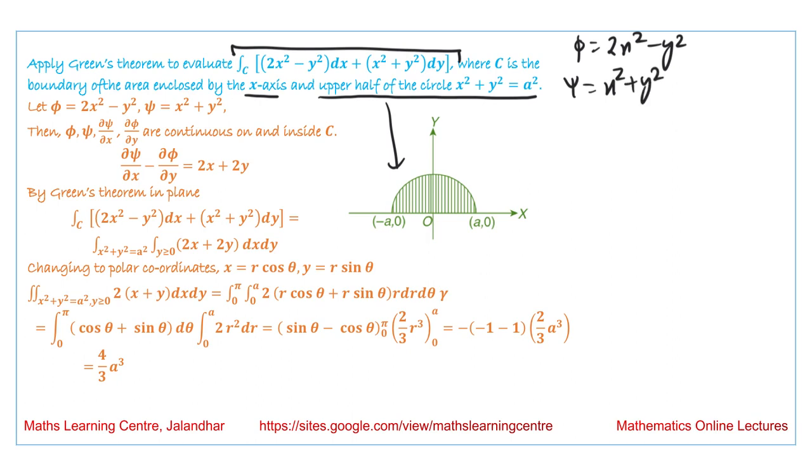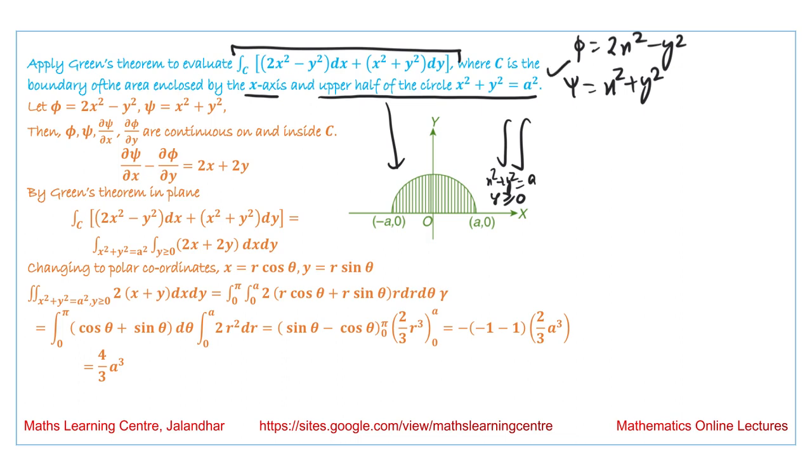So by using the Green's theorem we obtain this is equal to double integral. The region we have it is x square plus y square is equal to a, and y is greater than equal to 0, upper half. And the values we will have over here it is del psi by del x.